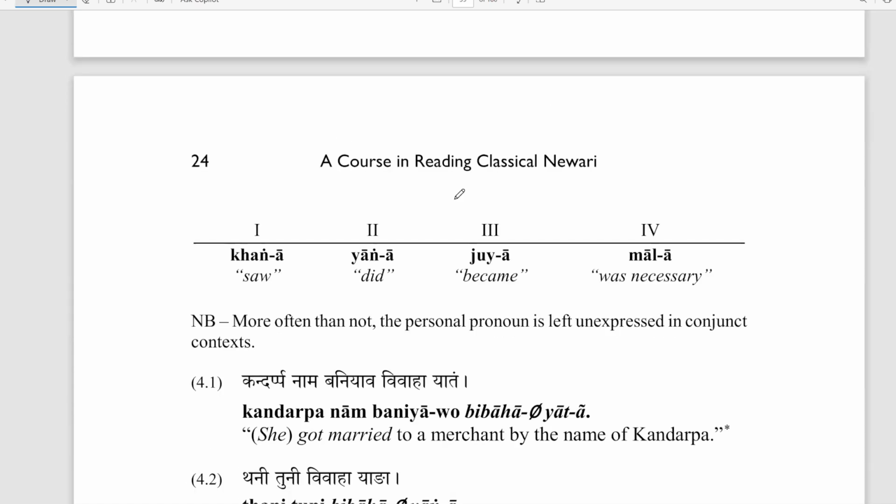So we have Kanga, saw; Yanga, did; Juya, became; and Mala, was necessary. We may get familiar with this by reading the examples.